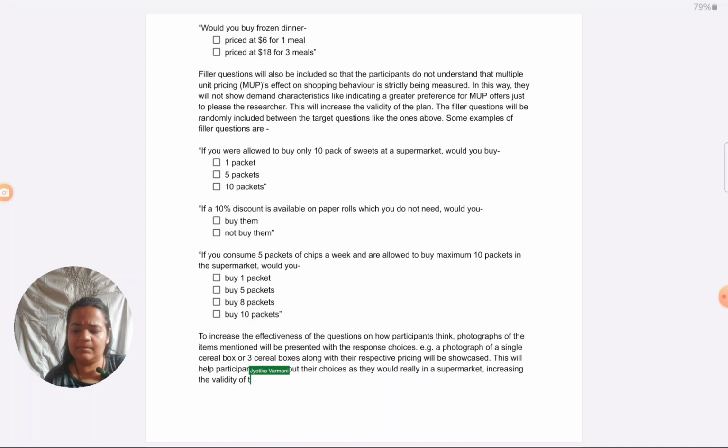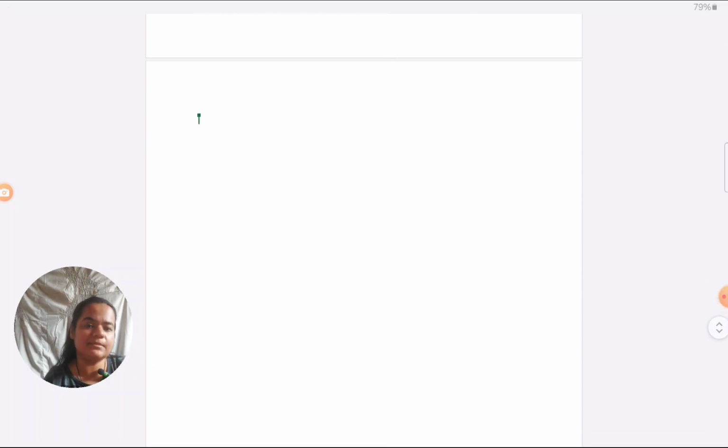Also, to speak about the reliability of the plan, definitely the question is highly structured, which gives it reliability, like it's a standardized questionnaire.